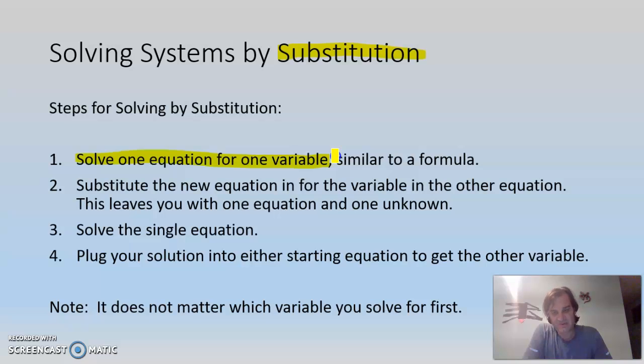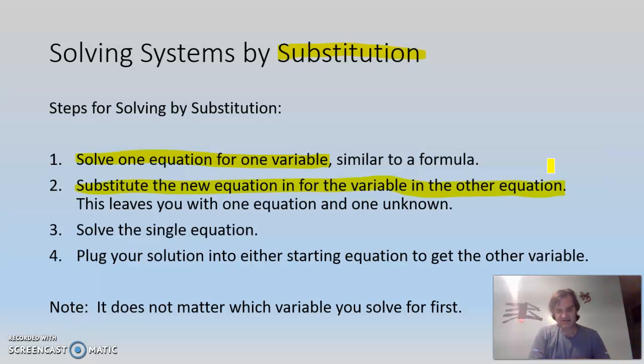They may not start off by themselves or in a desirable form, but if you think of them as formulas, you can always get a variable by itself. Then we're going to substitute the new equation in for the variable in the other equation. So if we solved in step 1 and got x by itself, we'd have x equals something with a y in it to the right.